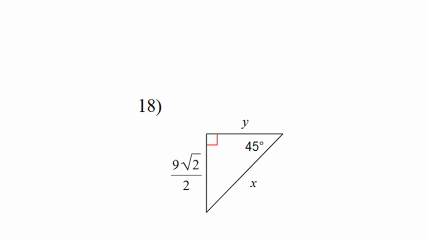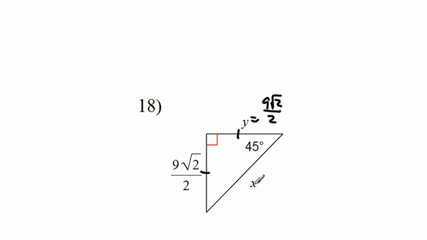All right, so the last problem that I'm going to do today is number 18. And number 18 is a 45, 45, 90 problem. And we know that this side equals this side, so we know that y has to be 9 root 2 divided by 2.